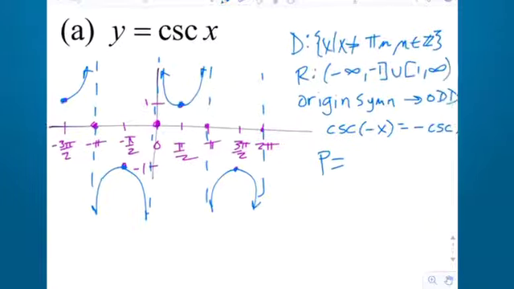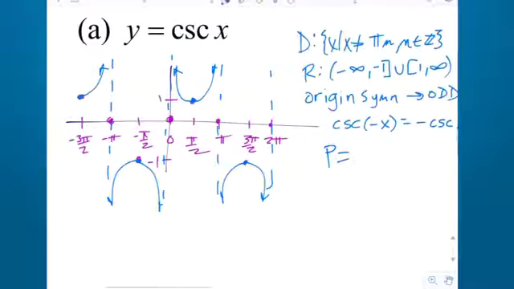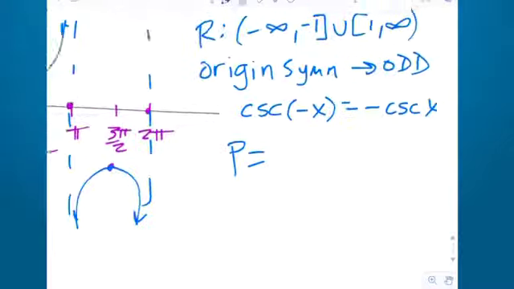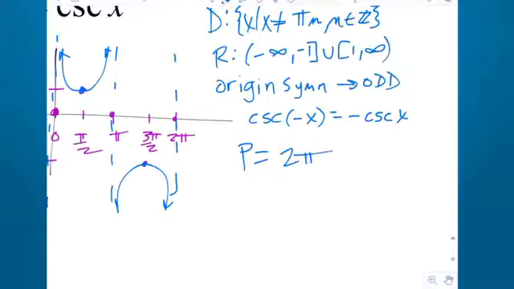What's the period? We need one branch up and one branch down for a full cycle. 2 pi. There you go. So now every function that's periodic has a period. The only two then that don't have periods of 2 pi are tangent and cotangent. The other four have periods of 2 pi.